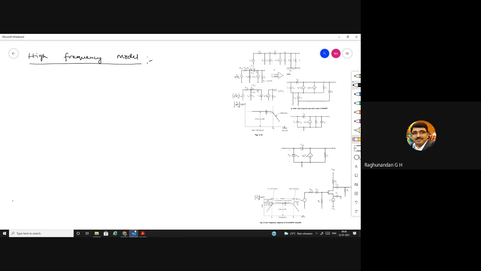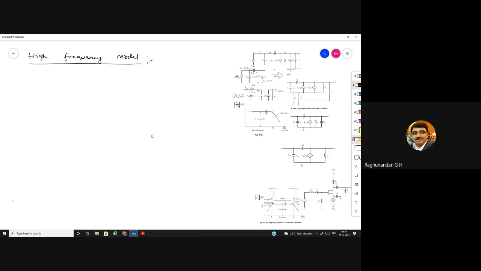Whenever you are having ohmic region, there will be flexibility in changing the voltage, and whenever you are having saturation region, there is no variation, the output voltage or the current will be constant. Cutoff region, it is the situation where the MOSFET will be off. So with all these basics, let us go with the high frequency model.